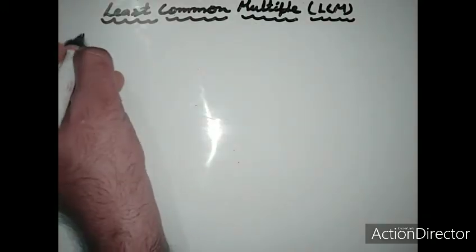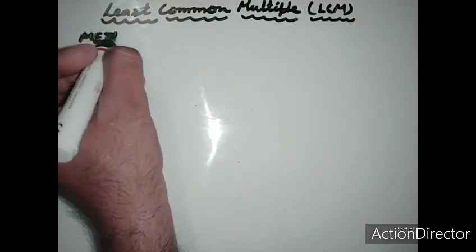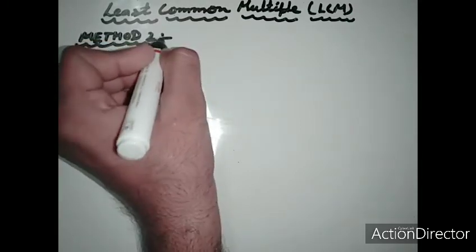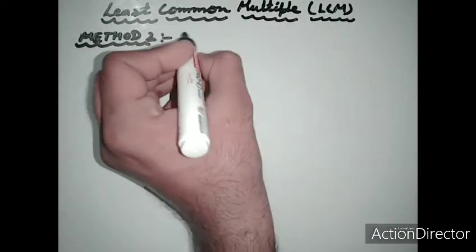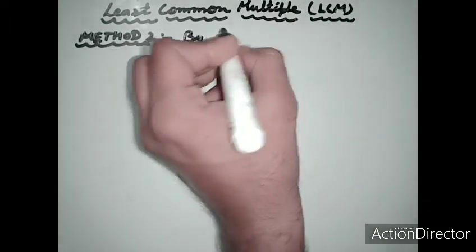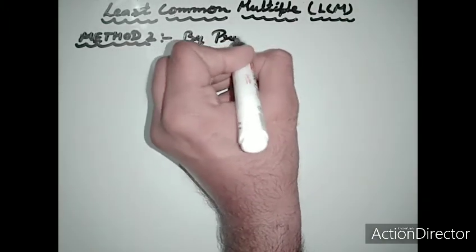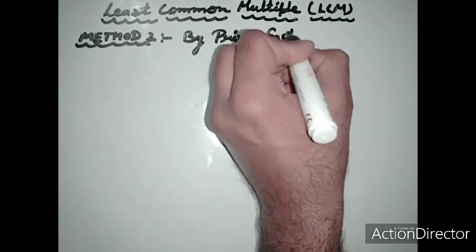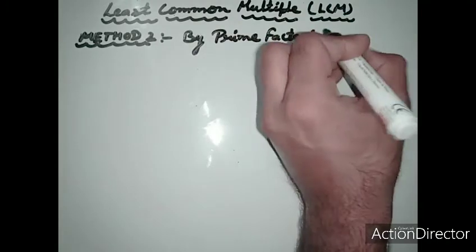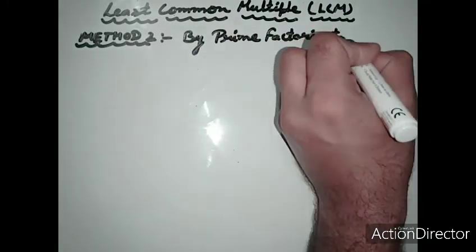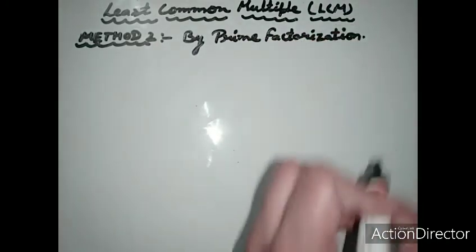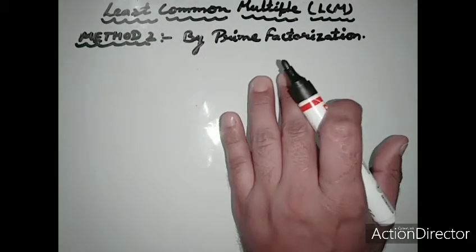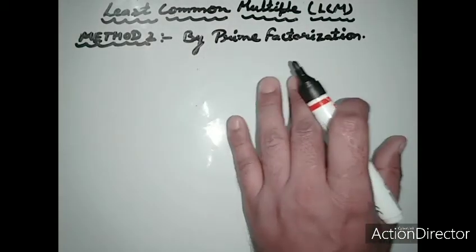Now the method number 2. The name of this method is by Prime Factorization, right? Now here we find the LCM of the same numbers.